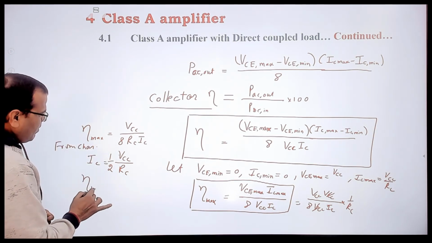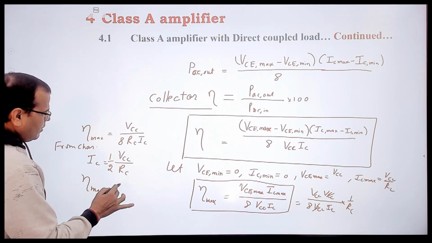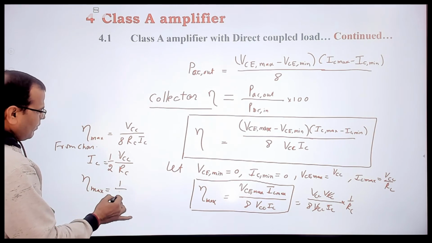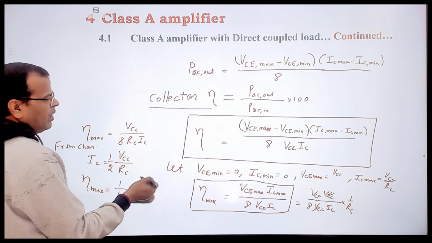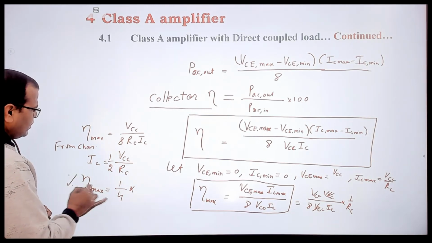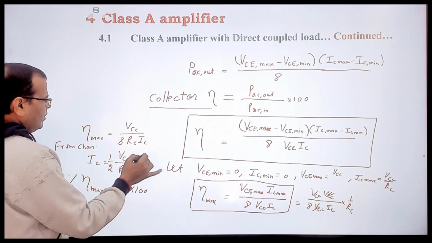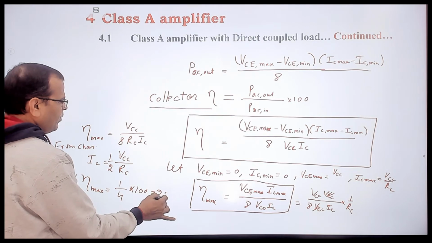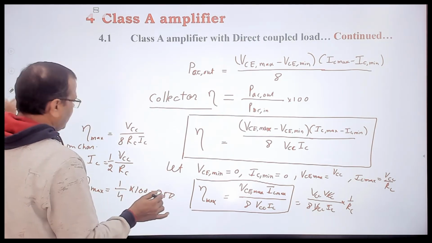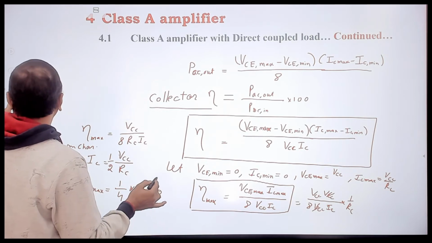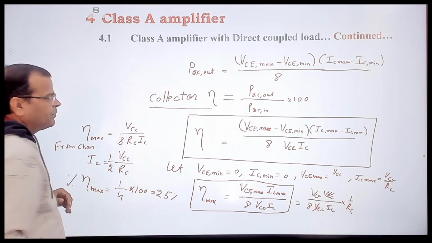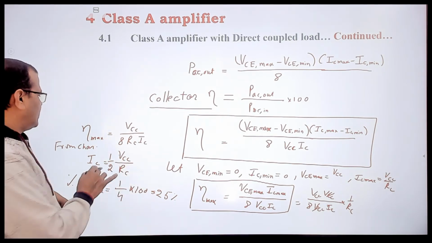So the maximum efficiency of this circuit becomes, now you can replace IC by this, so that becomes 1 by 4, or that is 0.25, and if you talk about percentage, so that is 100, this will be equal to 25%. So the maximum efficiency of class A amplifier comes out to be how much? 25%. I hope you could understand this.